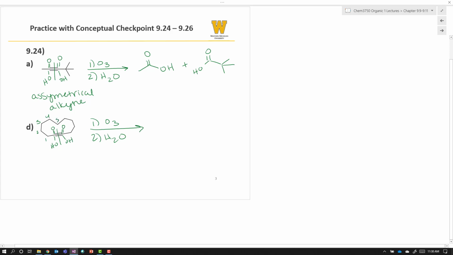I'm ignoring the carbon that has the carboxylic acid on it right now, but 1, 2, 3, 4, 5, 6, 7, 8, 9. And so you can add the carbon with the carboxylic acid, and then you have 1, 2, 3, 4, 5, 6, 7, 8, 9, and then you have your carboxylic acid. Make sure that adds up. 1, 2, 3, 4, 5, 6, 7, 8, 9. And that is your final product.